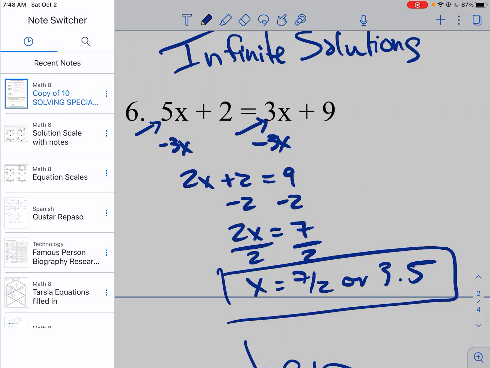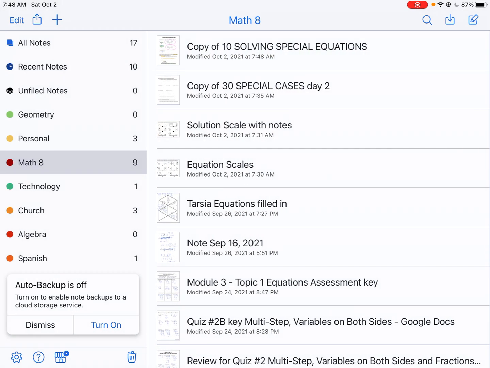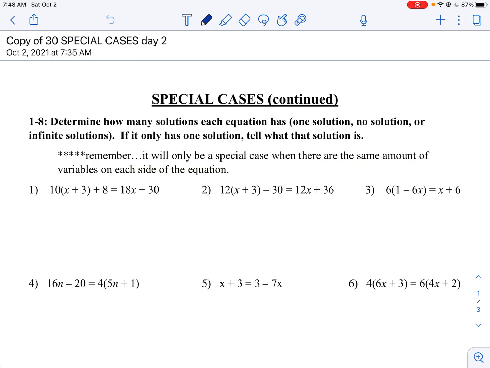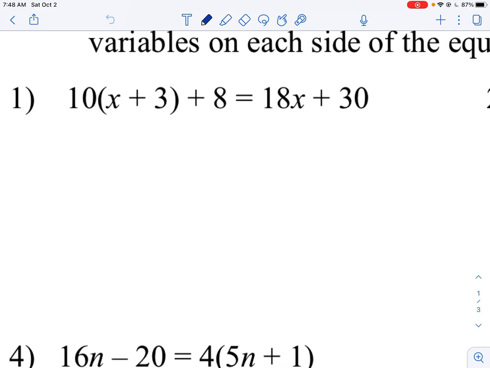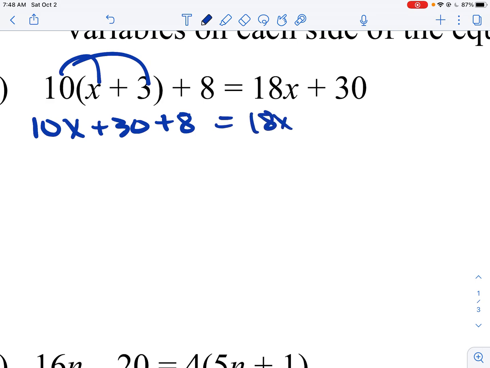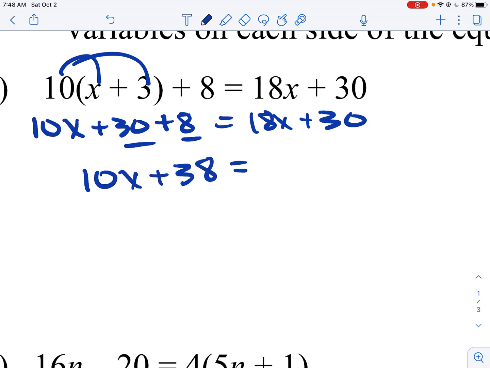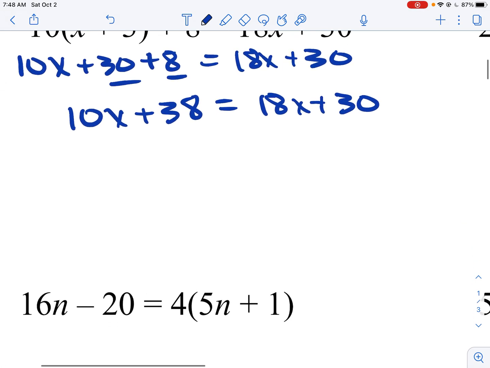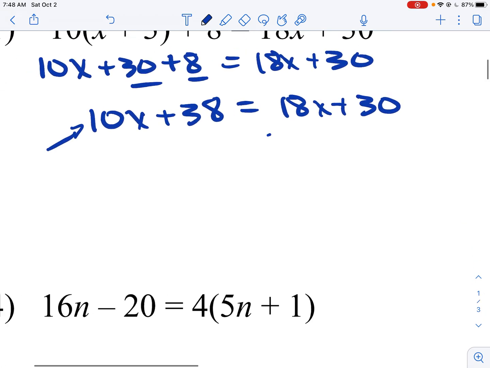Okay, so I need to get this one. So we're doing the exact same thing, boys and girls. Again, we need to multiply through, and we get 10x plus 30 plus 8 equals 18x plus 30. Combine like terms, 10x plus 38 equals 18x plus 30. So now we can look at our coefficients.